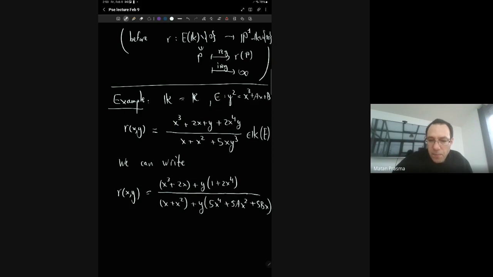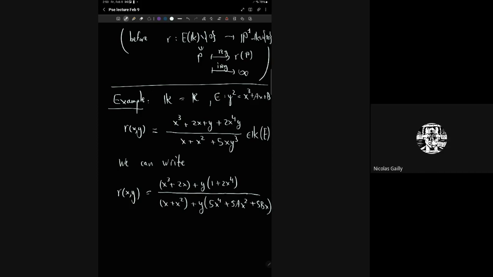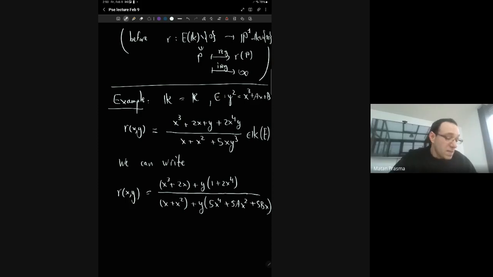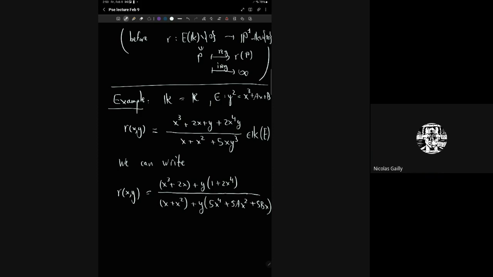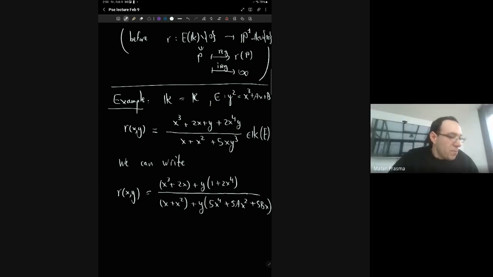Sorry, when you define R(x,y) the first time, how can you say that it belongs to the polynomials modulo the curve equation here, because you have x to the 4 and y cubed? I didn't say it is in canonical form. Rational functions can come in different flavors.